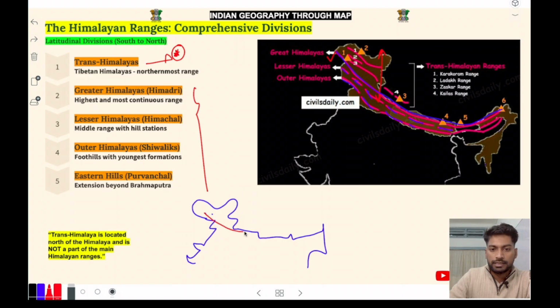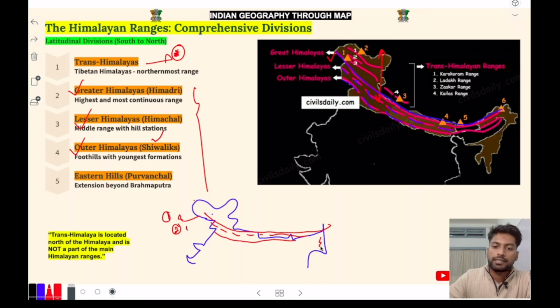Second, you will see an uncontinuous chain, that is your Lesser Himalaya. And third is your Shivalik. First Greater Himalaya, second Lesser Himalaya, and Outer Himalaya or Shivalik.